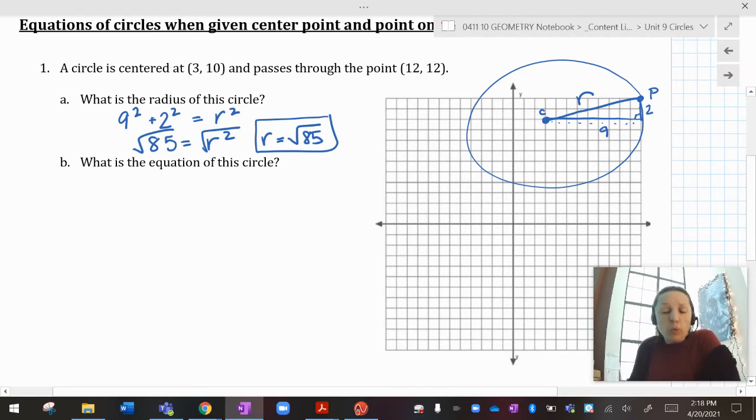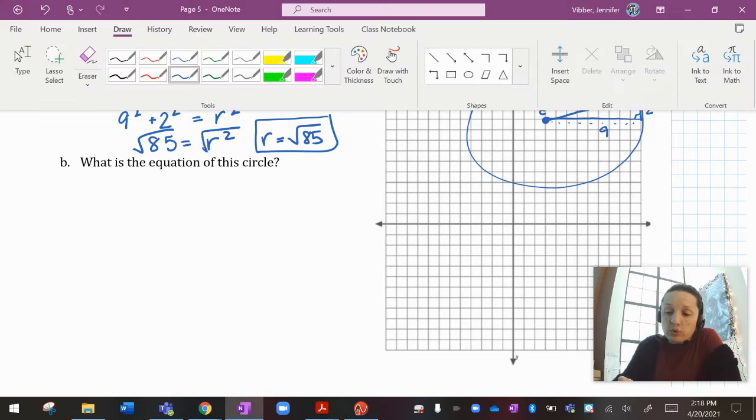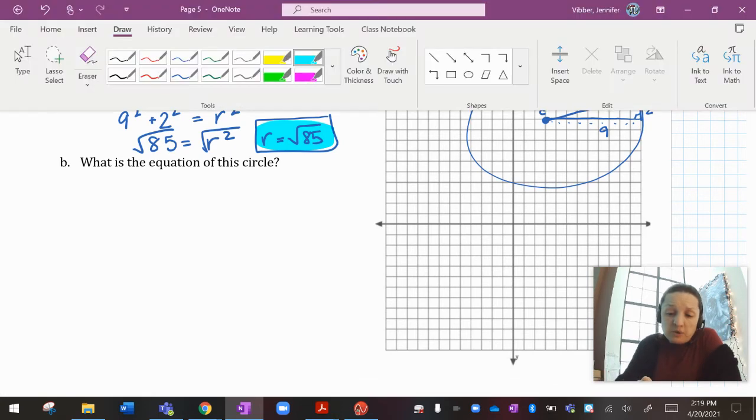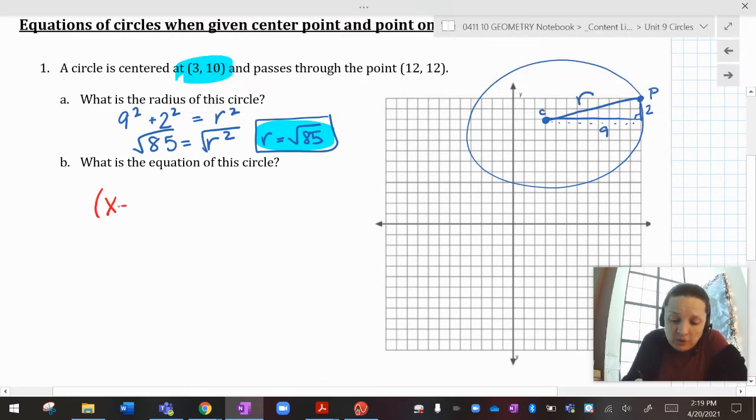Then it says, what's the equation of the circle? Well, in order to get the equation of a circle, I need the center and the radius, and I have both. So I'm just going to negate the center, (x - 3), (y - 10), set it equal to the radius, and square everything.